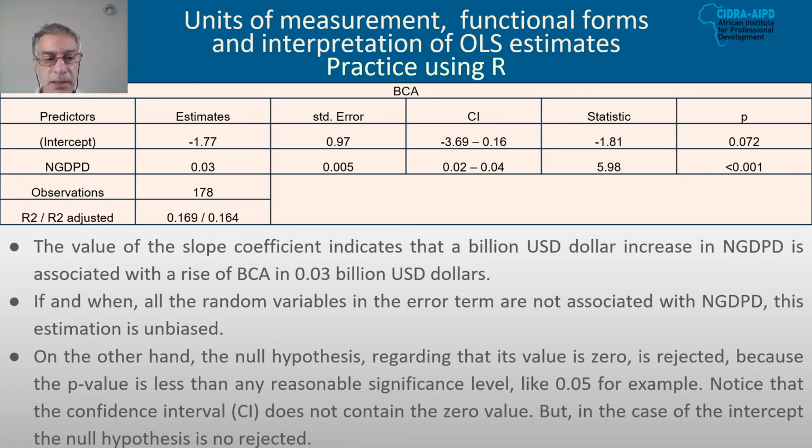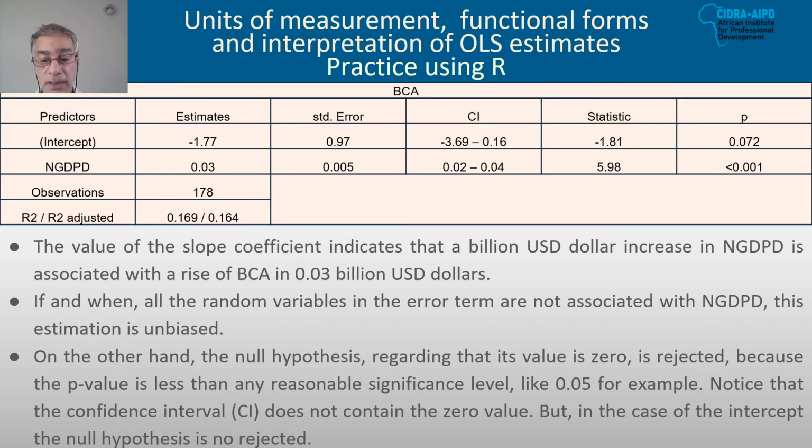And you can see that the value of the slope coefficient indicates that a billion US dollar increase in NGDPD is associated with a rise in BCA of 0.03 billion US dollars.